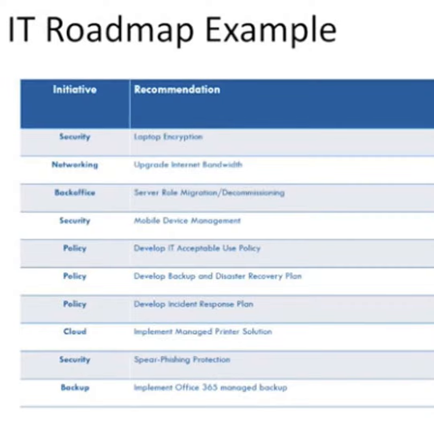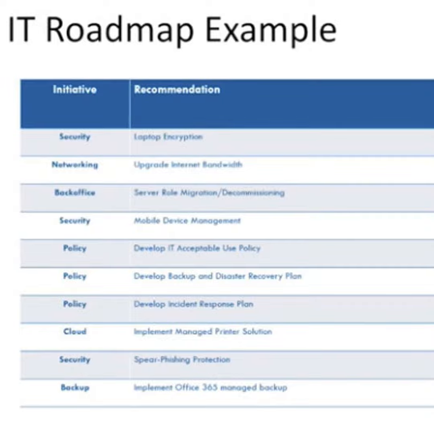So once you've come up with that list of recommendations, then the next step is to prioritize. And we like to categorize recommendations in these 3 different categories: urgency, complexity, and impact. And so urgency is, how important is this? How critical is it? What's the level of risk associated with this recommendation? So for example, laptop encryption, high risk, it's pretty urgent, it needs to happen quickly.